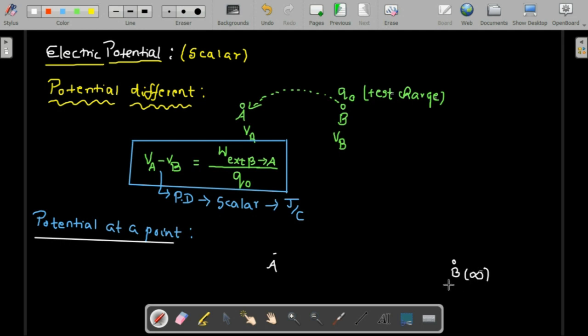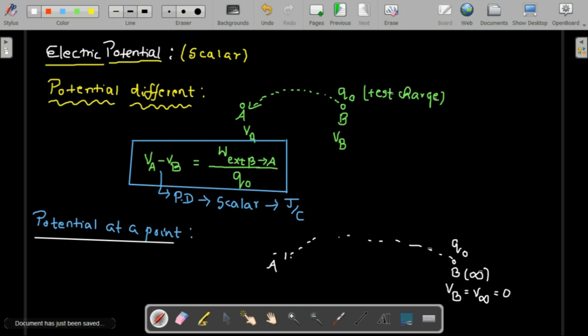If the charge is at a very far distance, that means the potential at infinity will be very close to zero, so we can approximate it to be zero. So the potential of Q naught at a very far distance with respect to A is zero.